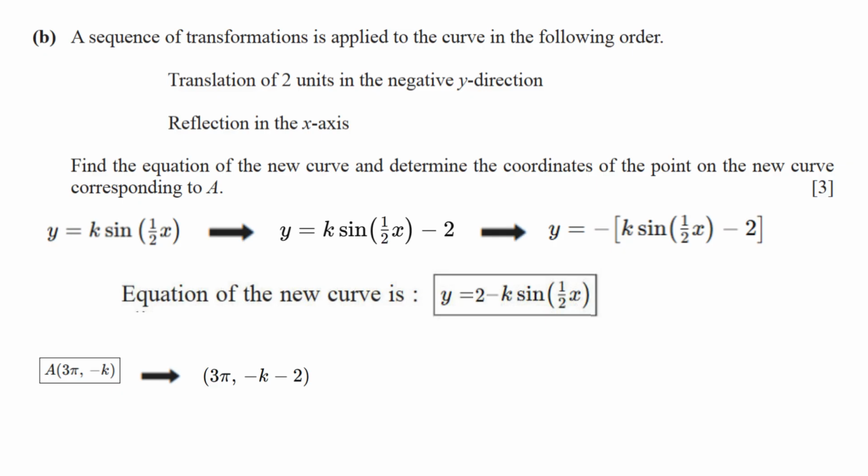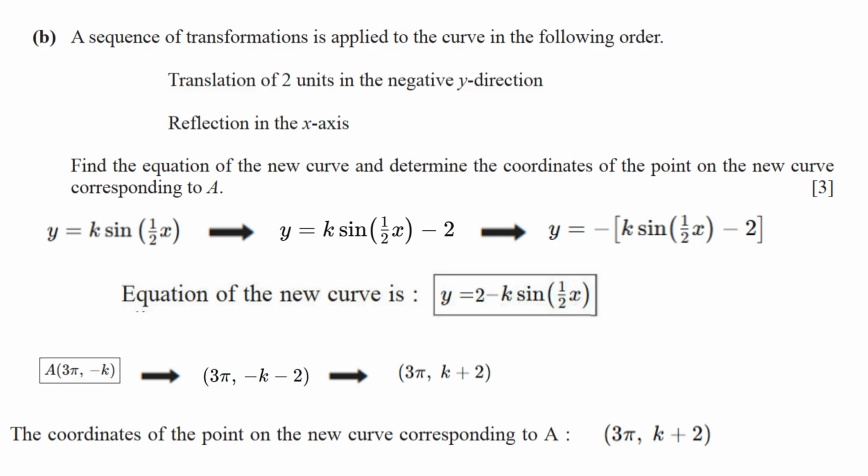Next, apply the second transformation, which is reflection in the x-axis. So here f of x becomes minus f of x, that is only the y value changes. So 3 pi comma minus of minus k minus 2. So this will become 3 pi comma k plus 2, which is the coordinate of the point on the new curve corresponding to A.